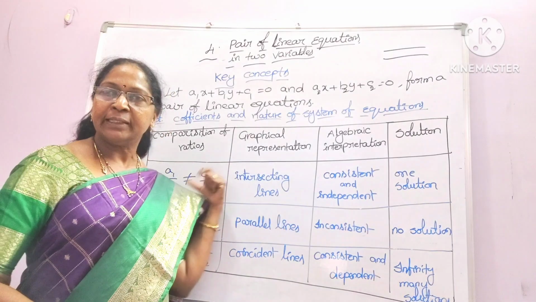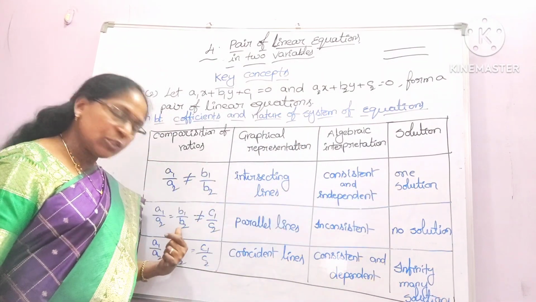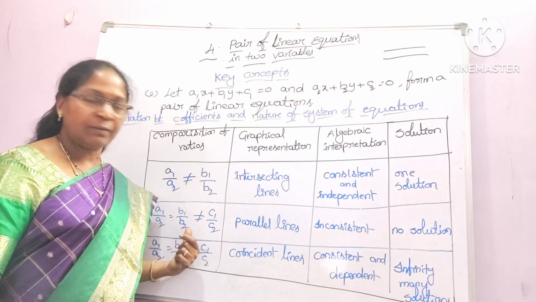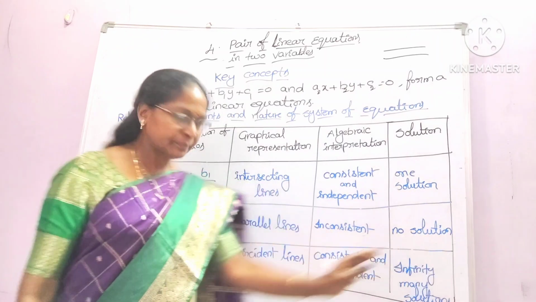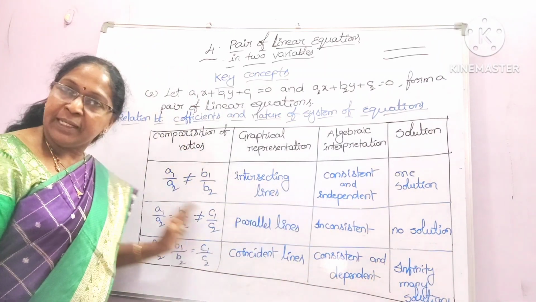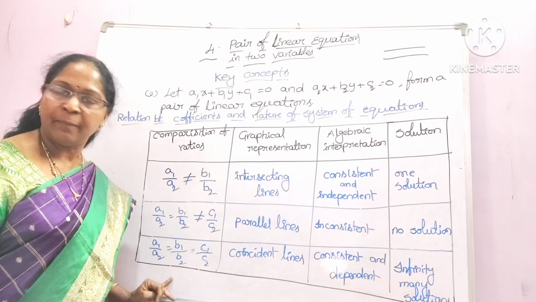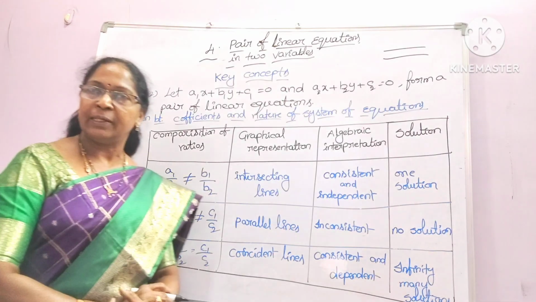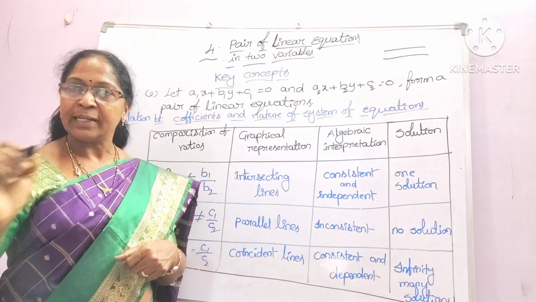Then immediately you can say how many solutions there are. If both are intersecting, then you will get one solution. If the first two are equal and the last one is not equal, then you will get parallel lines, and no solution. Next, if three ratios are equal, A1 by A2 equal to B1 by B2 equal to C1 by C2, then we call those coincident lines.